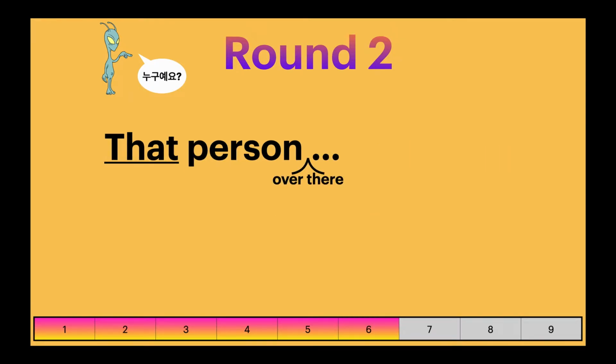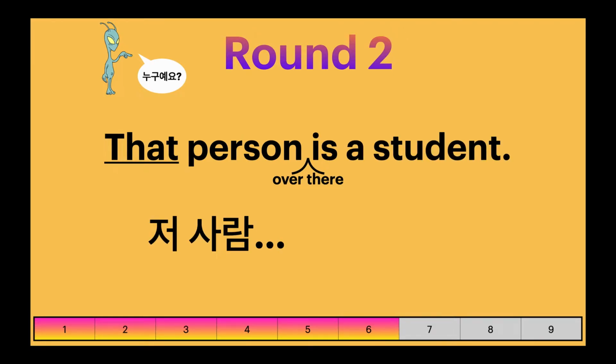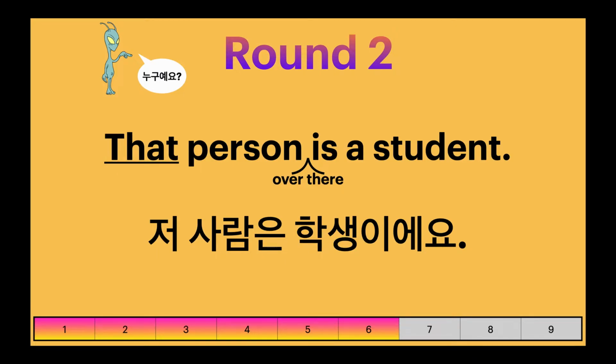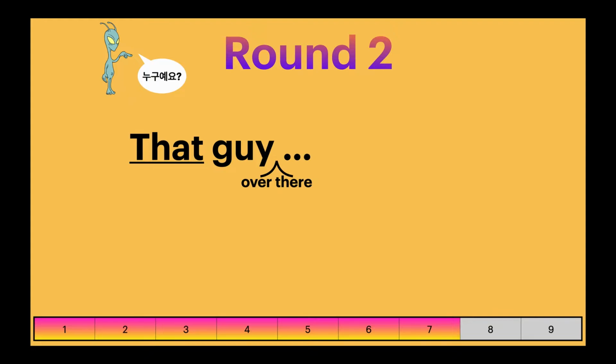That person over there. 저 사람. That person over there is a student. 저 사람은 학생이에요. That guy over there. 저 남자.